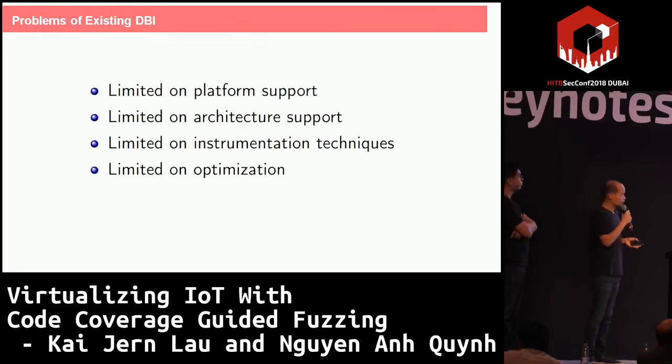And finally, the existing DBI provide you some very friendly API for you to build your own instrumentation tool on top of that. But they hide many details inside. They do not expose many internal things, the internal techniques. So as a result, you cannot do many optimizations to speed up your instrumentation, which is very important for the fuzzer.